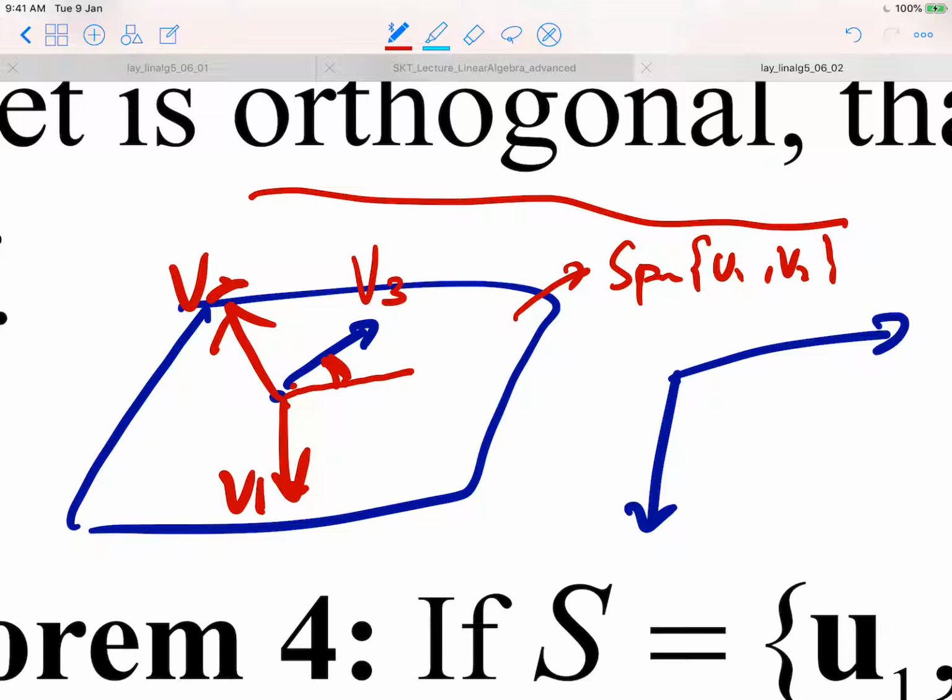And if that vector is like this guy, then the angle might be 70 degrees, and maybe in this direction, the angle will be 60 degrees, and so on. But we can consider the vector that makes the smallest possible angle between this plane and this vector V3.